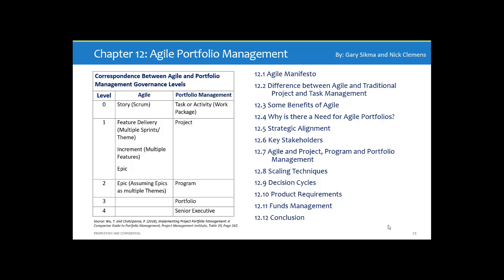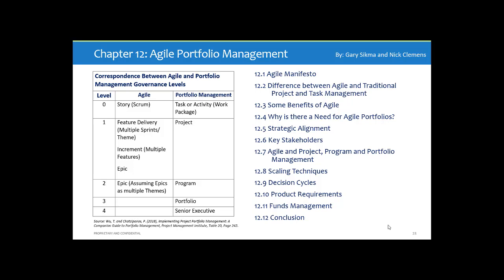Starting with a broad coverage of the Agile Manifesto, they talk about the differences between Agile and traditional project and task management, explain some of the benefits of Agile, and why there's a need for Agile portfolio management. They then examine the various parts, starting with strategic alignment, key stakeholders, how Agile is practiced in project, program, and portfolio management, scaling techniques, decision cycles, product requirements, as well as funding management, and then a conclusion.